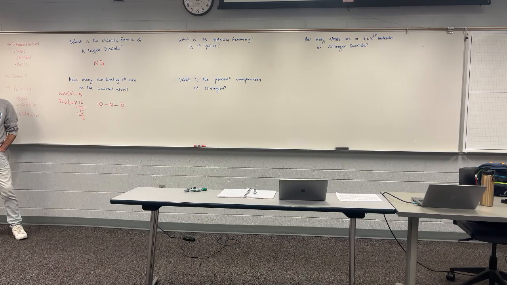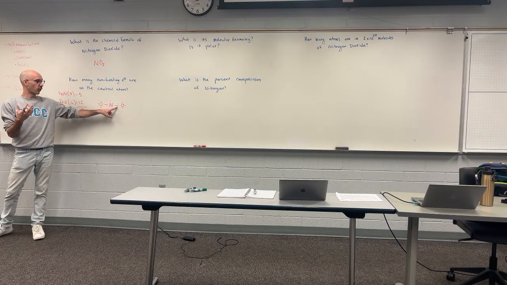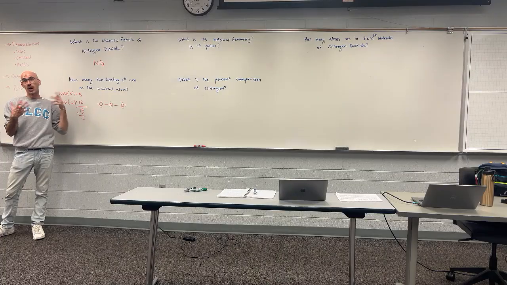Is this a good Lewis structure? It's not good because I could get closer to an octet on nitrogen. Right now, nitrogen only has 5 electrons around it, 2, 4, 5. It wants to have 8.